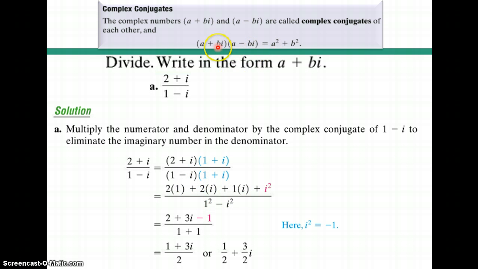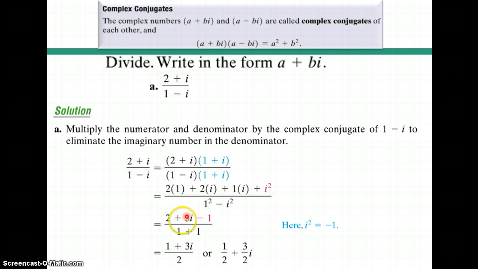using this, a plus bi times a minus bi, the sum and difference of two numbers, equals a squared plus b squared. So we have 1 minus i and 1 plus i, sum and difference of two numbers 1 and i. So we have 1 squared minus i squared.